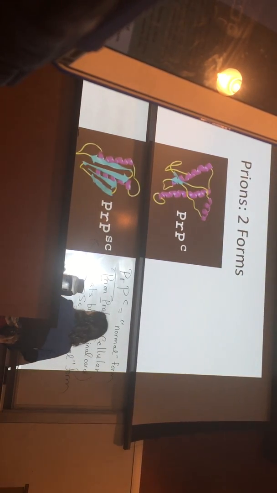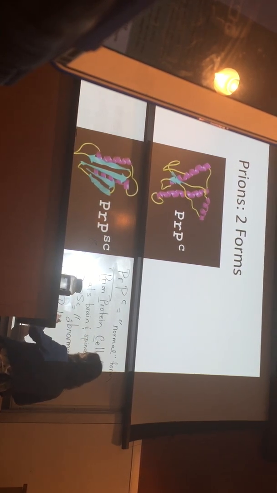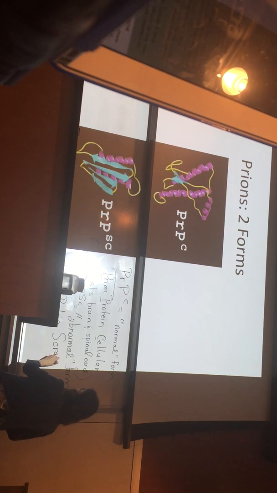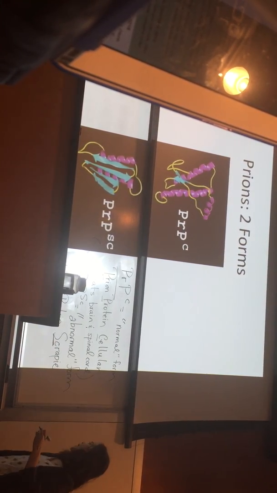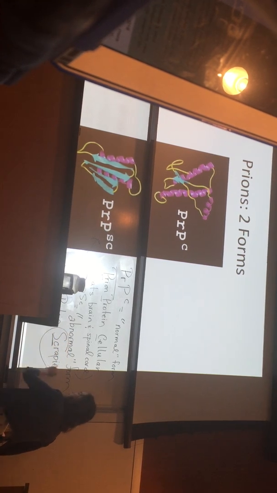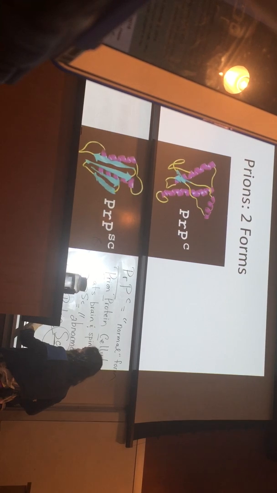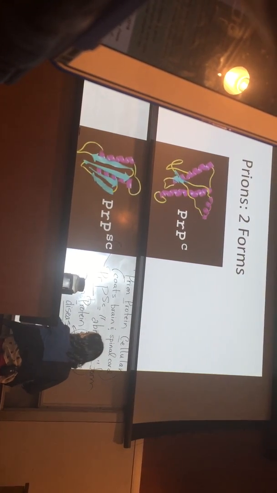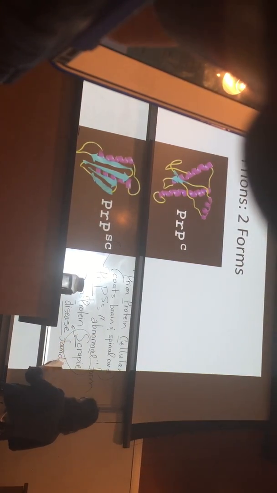And it stands for prion protein, not cellular, but the Sc stands for scrapie. Scrapie is the name of the disease that sheep get. So it's the prion disease found in sheep.